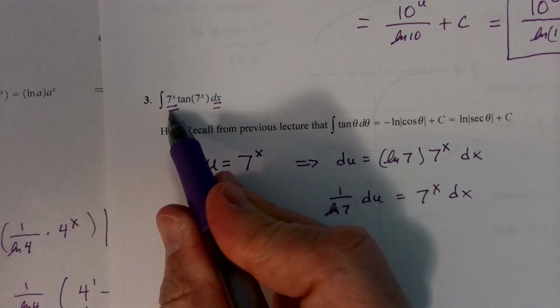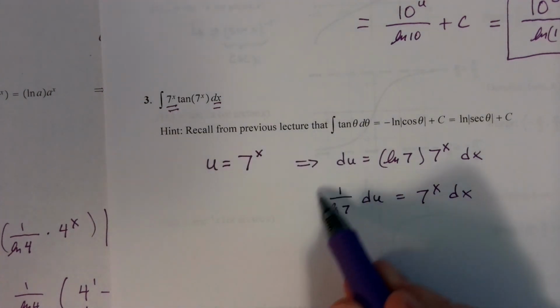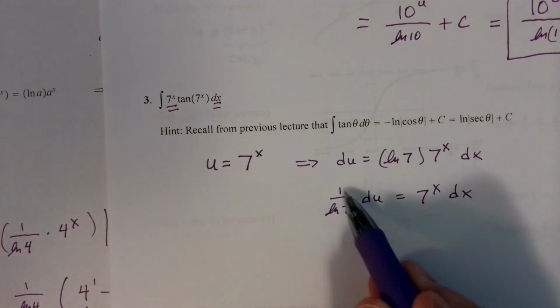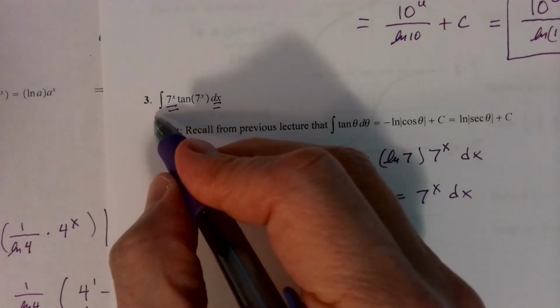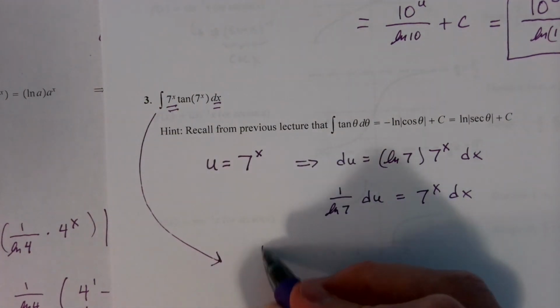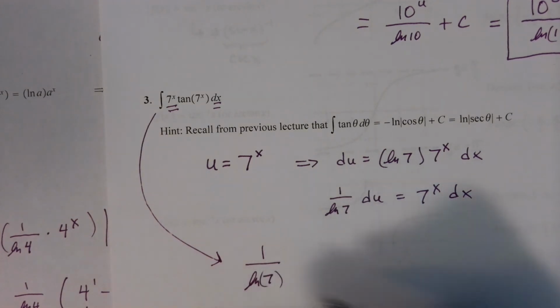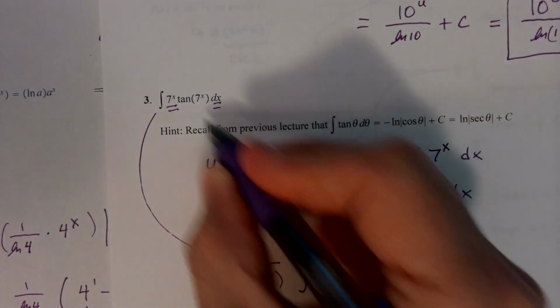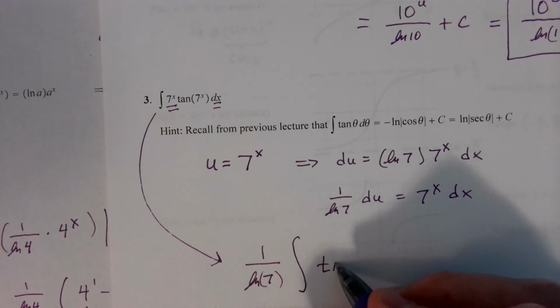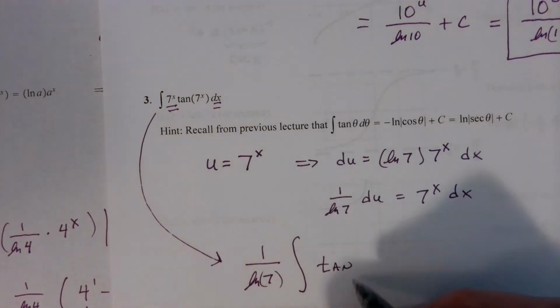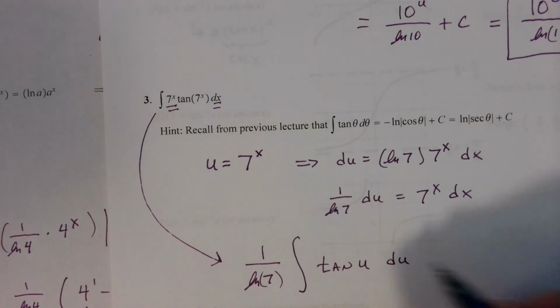So that's what I'm going to replace 7 to the x dx with, the 1 over natural log of 7 du. This is just a constant multiple, remember, and so my integral becomes 1 over the natural log of 7, pull that out, all right, integral tangent of u du.